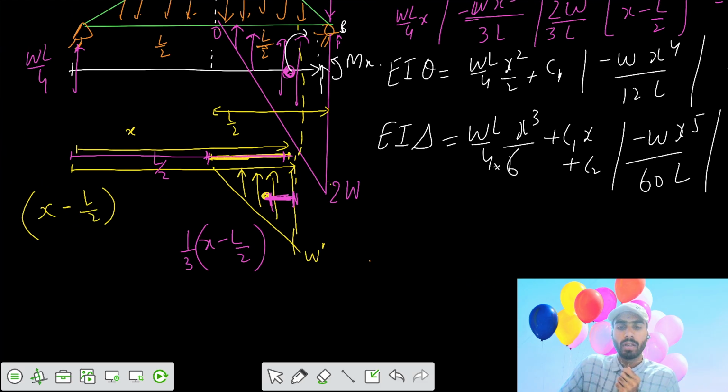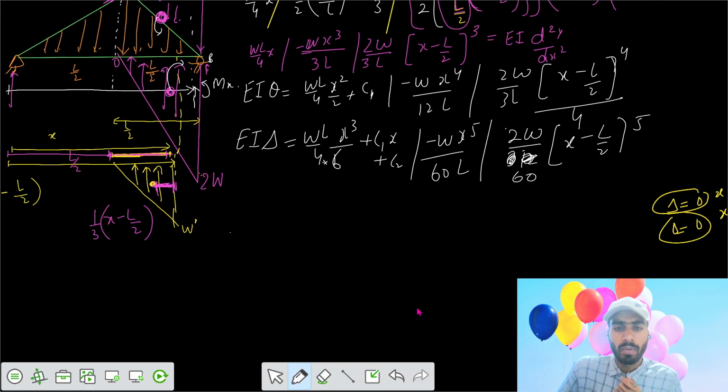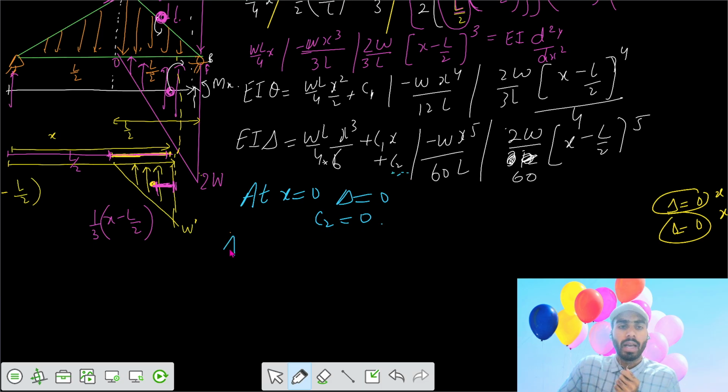Now for this case, if you apply the boundary conditions, say at x equals 0, your delta is 0. So if your delta is 0, you would get C2 equals 0. Then at x equals L, delta is also 0.